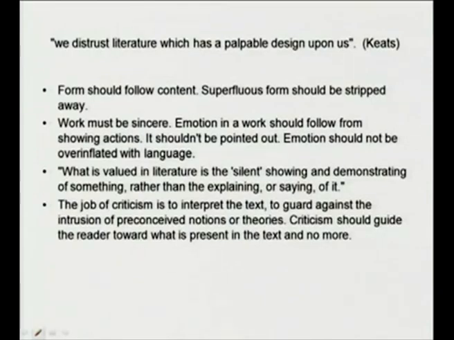He had said that form should follow content, superfluous form should be stripped away, work must be sincere. What is valued in literature is the silent showing and demonstrating of something rather than explaining or saying of it. So, there has to be layers of meaning in the way that the space is being recreated. So, there must not be a dominant intrusion of dogmas or didacticism.